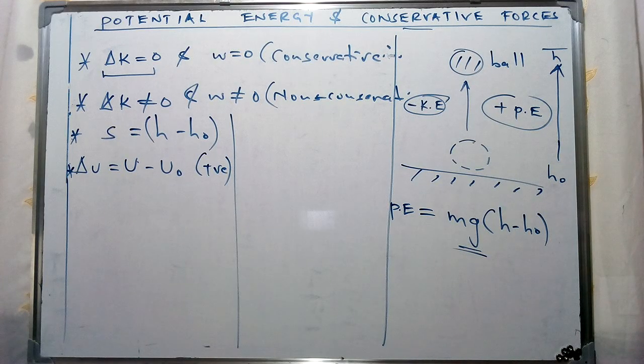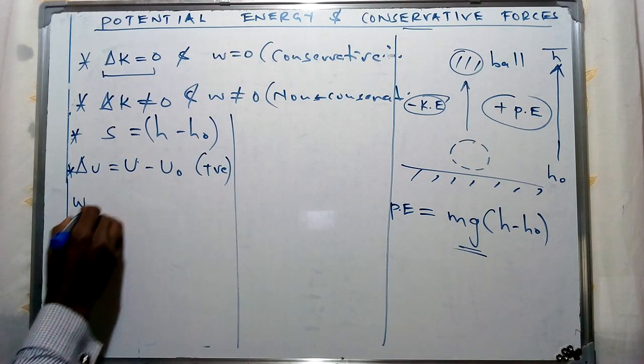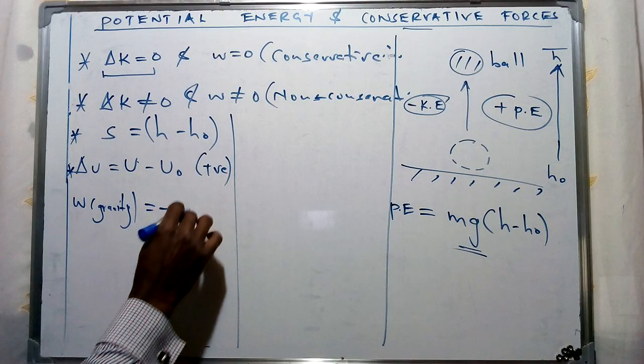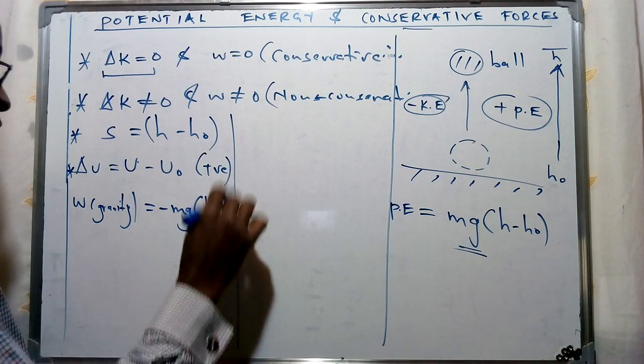And this change in potential energy is going to be the negative value of the work done by gravity. So the work done by gravity can be given as the negative value of mg(h minus h naught).